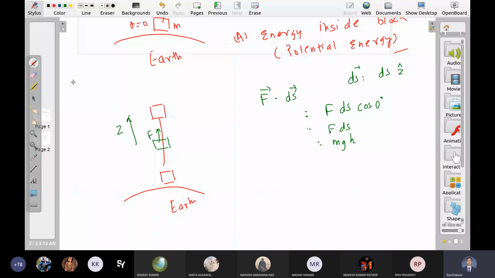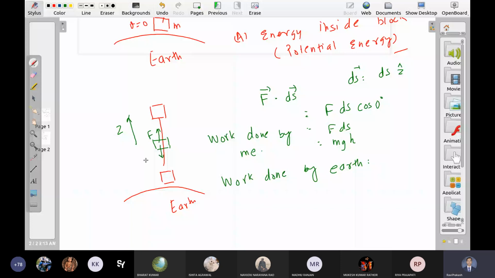Let us calculate the work done by Earth. The work done by Earth is equal to the force applied by Earth, Fe dot ds.